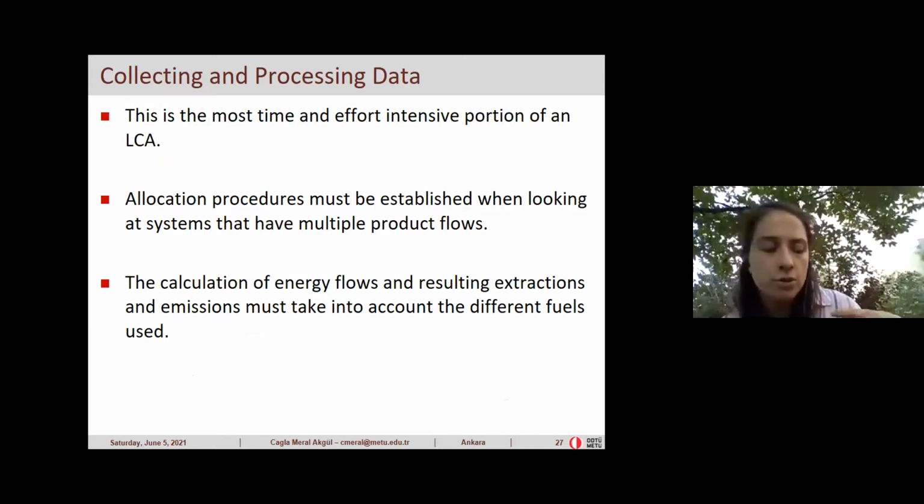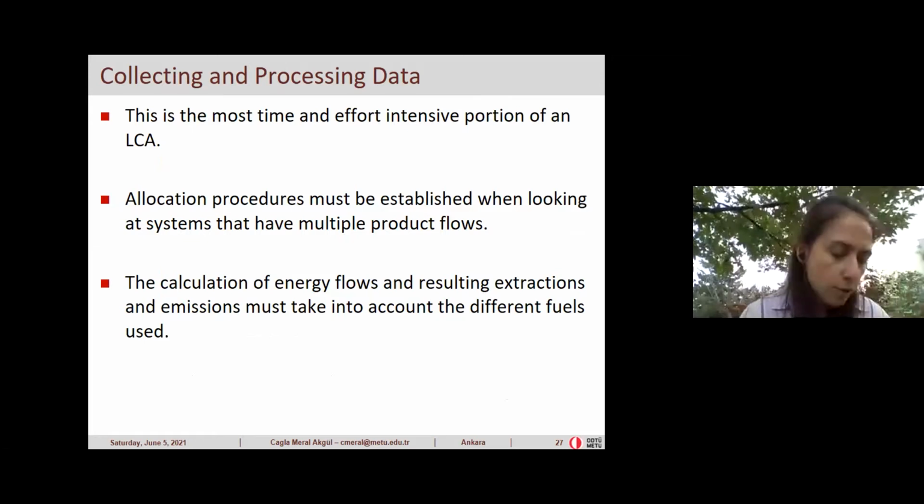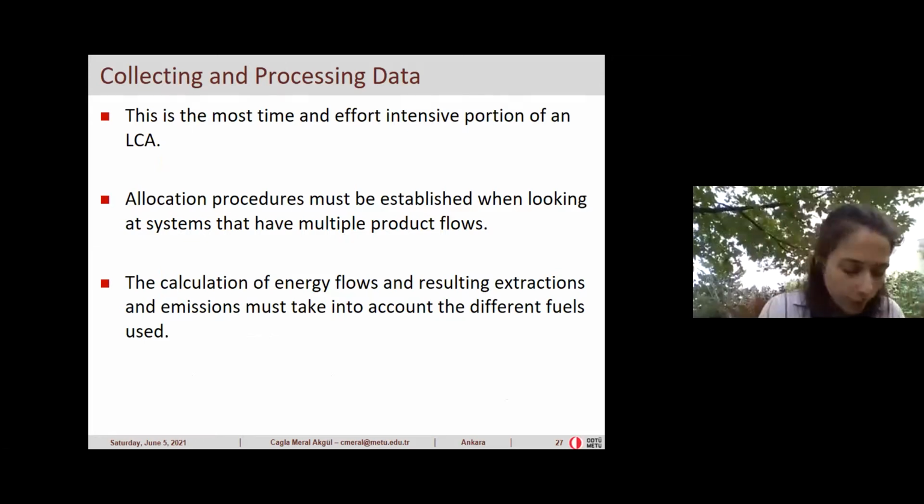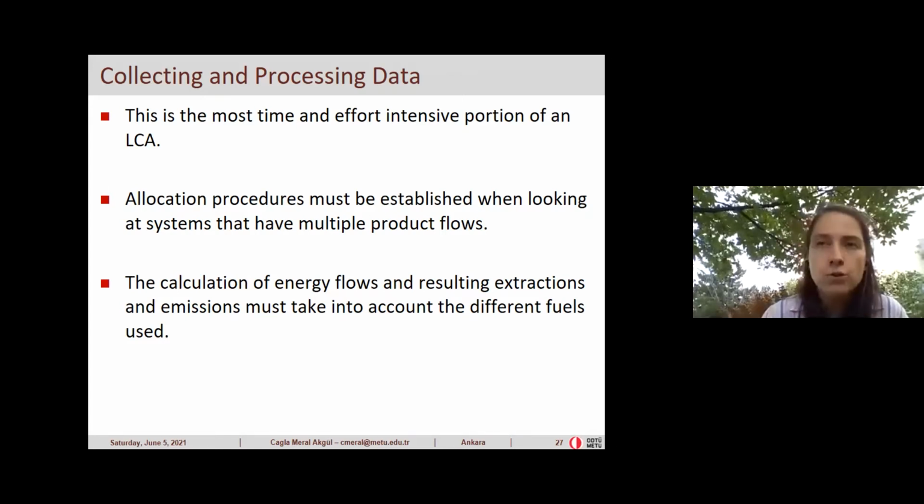Are we going to allocate them according to weight or whatever else you are thinking in your mind that is logical? So you need to determine allocation procedures, especially if you have multiple product flows, and then you calculate the energy flows and resulting extractions and emissions from different fuels. You don't always have to use one type of fuel. You can use a wide range of fuels.